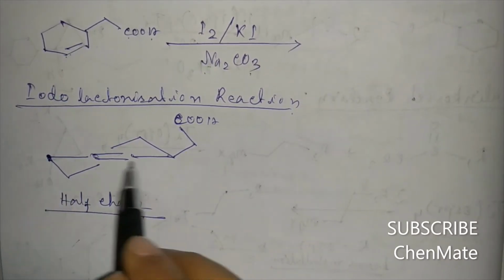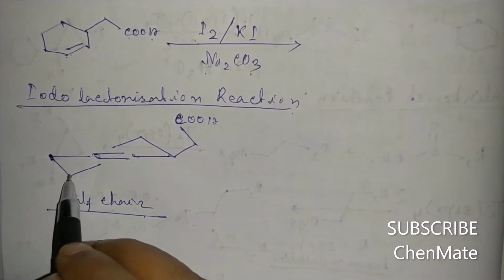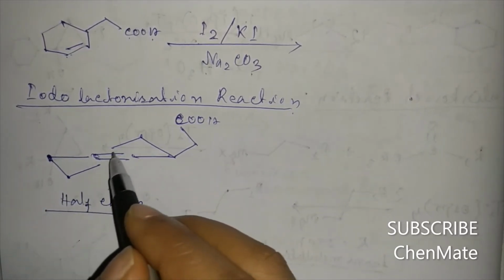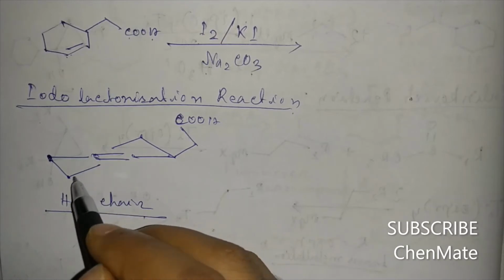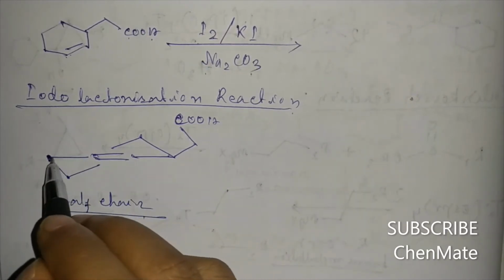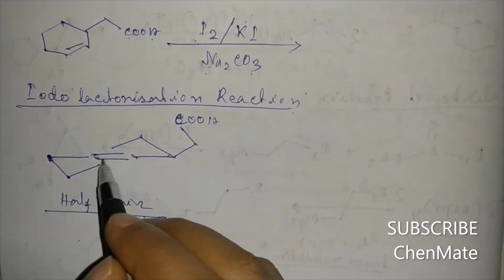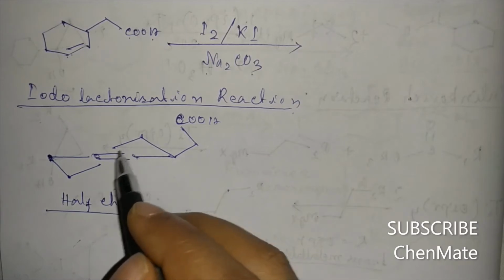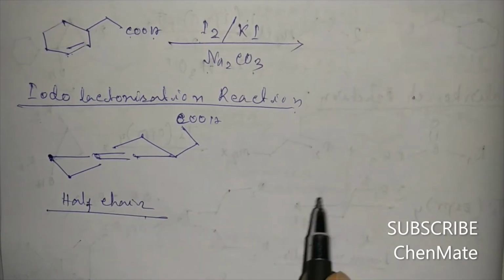These 4 carbon atoms are in a plane. This is below the plane and this is above the plane. This bond is actually in back to this 4 carbon atom, so it is drawn as a broken bond.